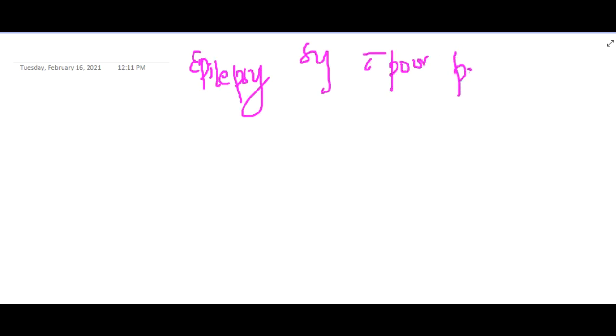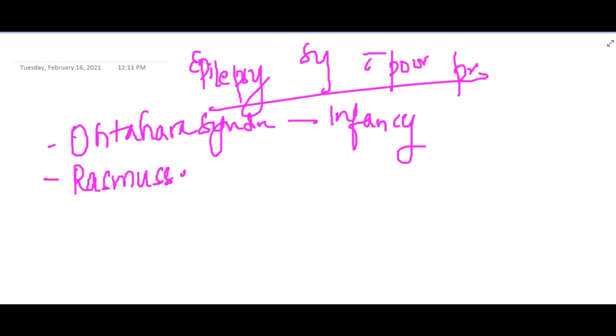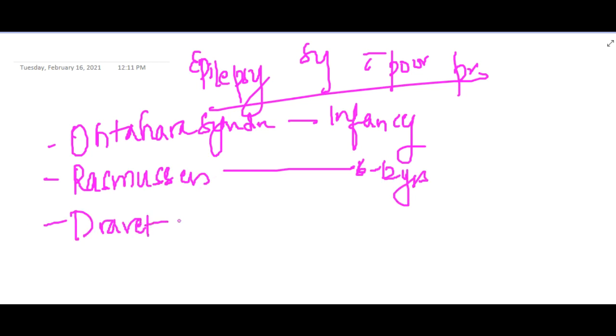Okay, then the epilepsy syndromes with poor prognosis. First, we have Ohtahara syndrome, which is seen in infancy. Then we have Rasmussen syndrome, which is seen in 6 to 12 years of age. Then Dravet syndrome, which is again seen in infancy.